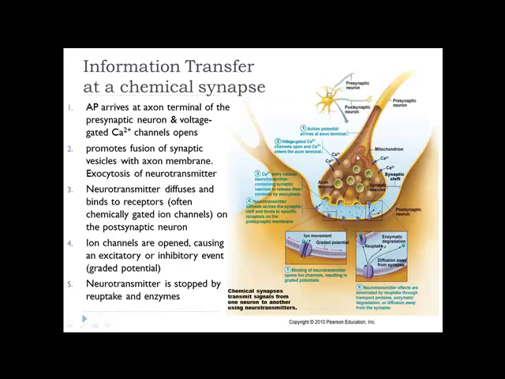So here's what we were looking at here. Here's your axon terminal. This is presynaptic. Here's your synapse. And here's your postsynaptic. So what happens? An action potential travels down my nerve. The voltage gated channels in my axon terminal allow calcium to flow in. When that calcium flows in, we begin to release these synaptic vesicles.